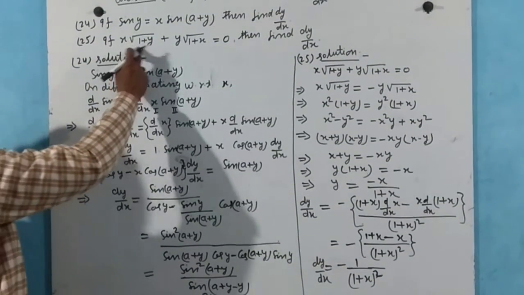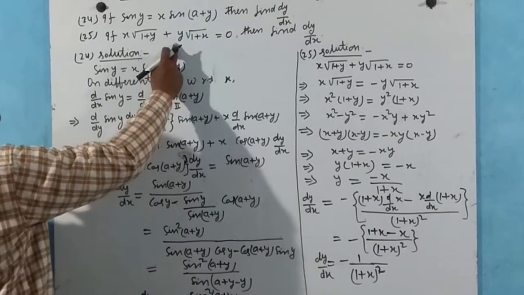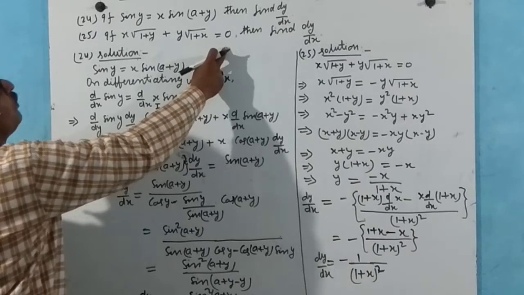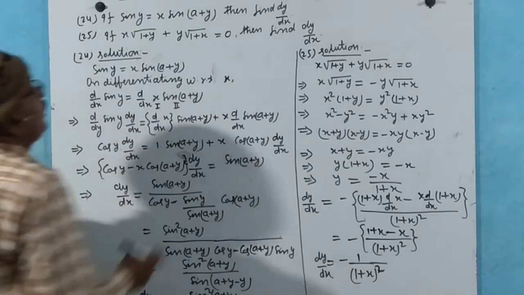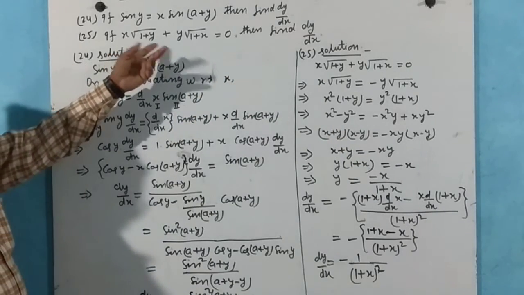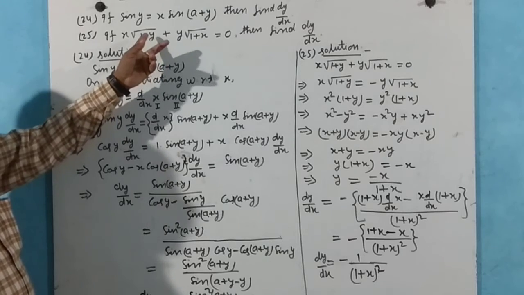If x under root 1 plus y, plus y under root 1 plus x equals 0, then find dy by dx. First of all, in this question we remove the under root.